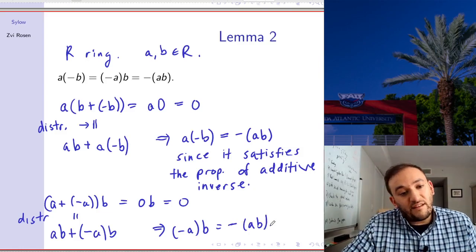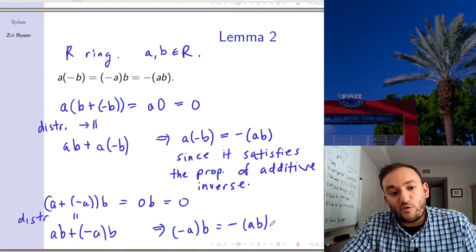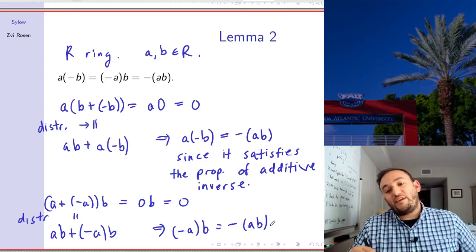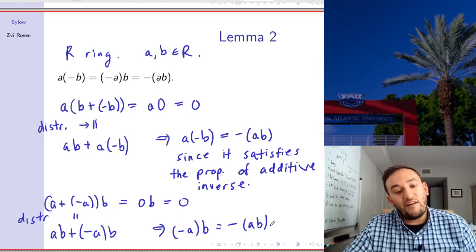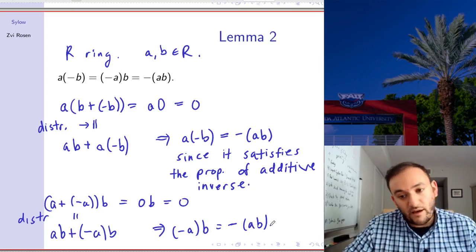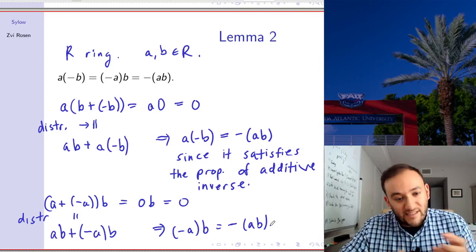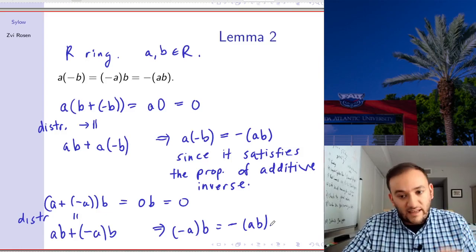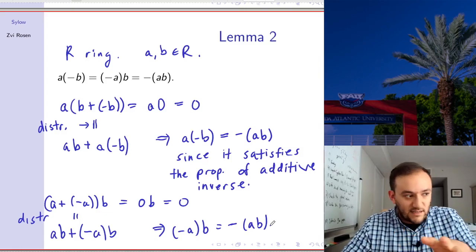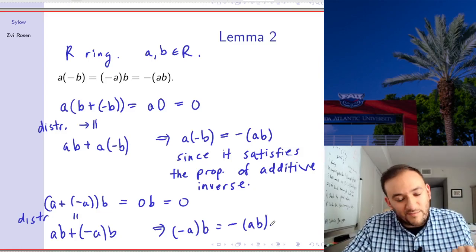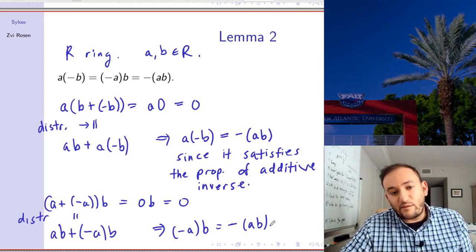So we've proven that minus also works the way we would want it to work, that we can just pull it out to the front, and we don't have to worry about products of additive inverses not behaving the way we would expect based on the classical example of the integers.